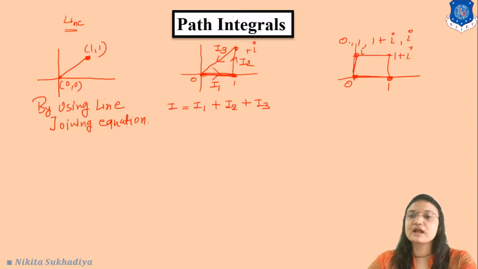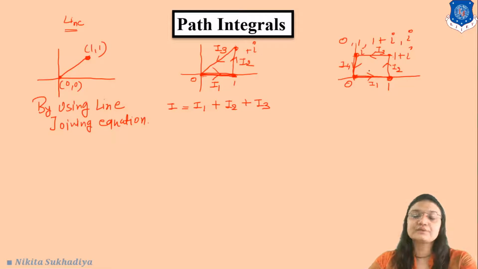Starting from 0 to 1 we get path number 1, that is I1, then from 1 to 1 plus i path number 2, then from 1 plus i to i path number 3, and then from i to 0 path number 4.